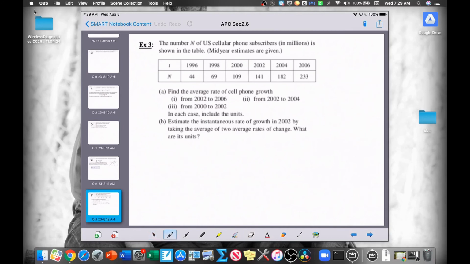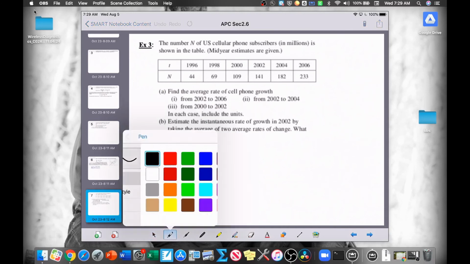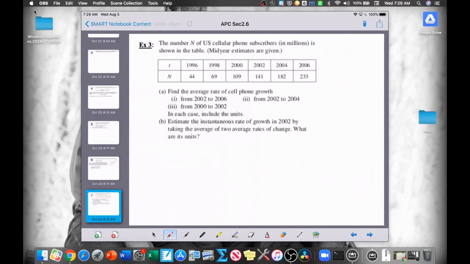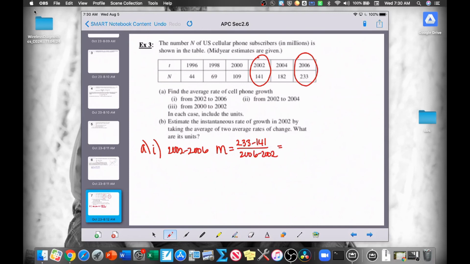So for letter A, part 1, the first thing that I'm going to do is find the slope from 2002 to 2006. So I'm going to be looking at these two ordered pairs. My slope is going to be equal to 233 minus 141 divided by 2006 minus 2002, which, when you grab your calculator, gives you a slope of 23, and they want us to include the units.